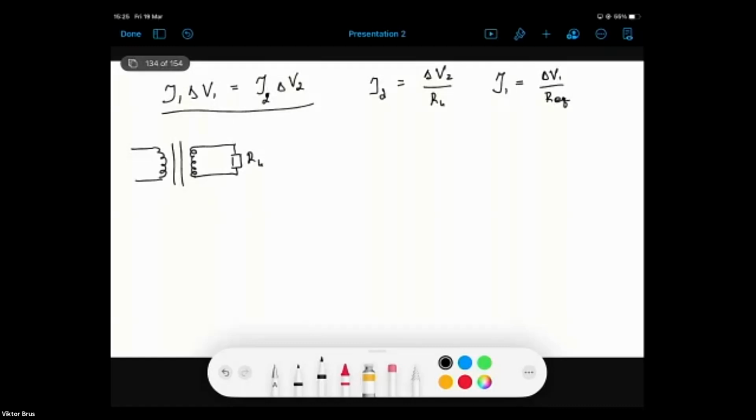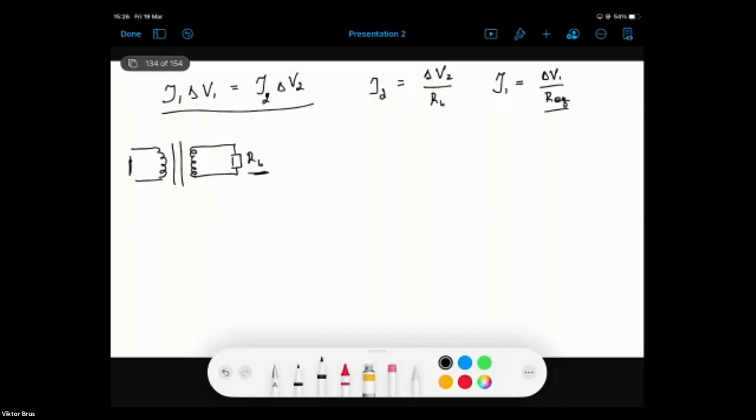Because here we don't have any resistor connected, just voltage applied to this primary coil, but this current will be a function of the load resistor. The current in the primary coil will be a function of the load resistor attached to the secondary coil, and also of the ratio of the number of turns in each of these coils. So let us try to get an expression for this equivalent resistance of the primary coil.